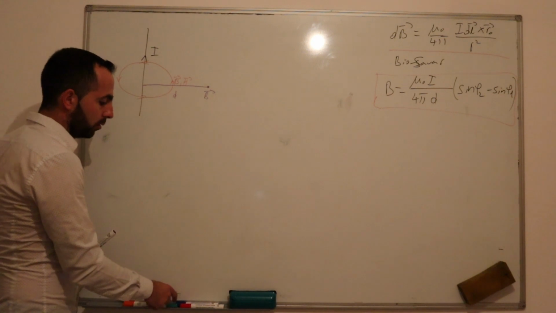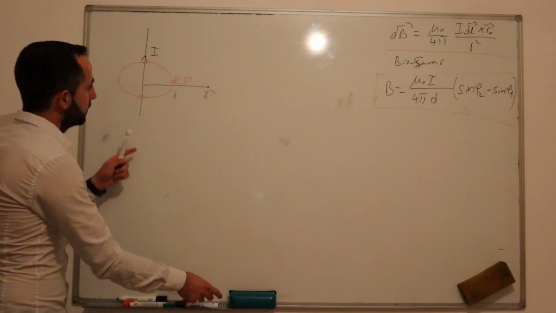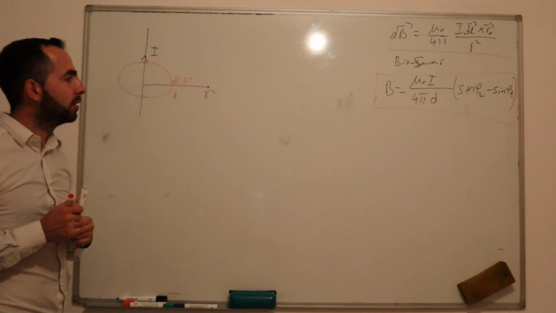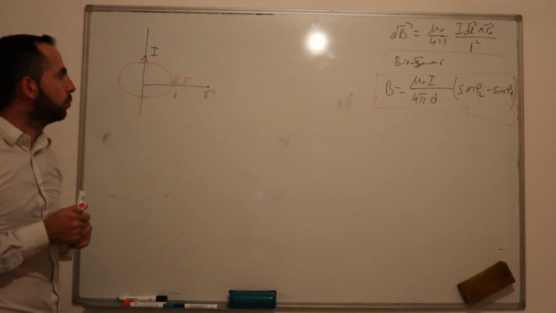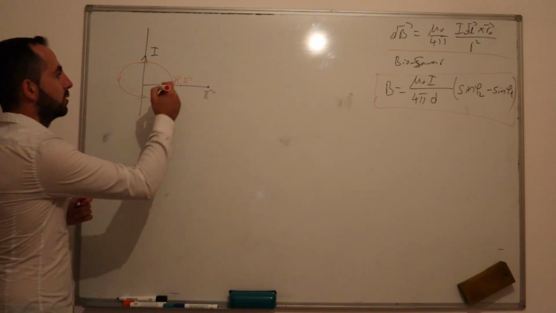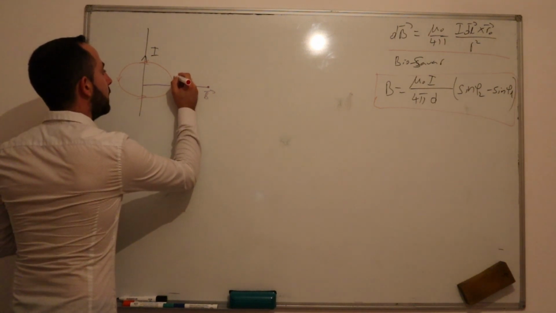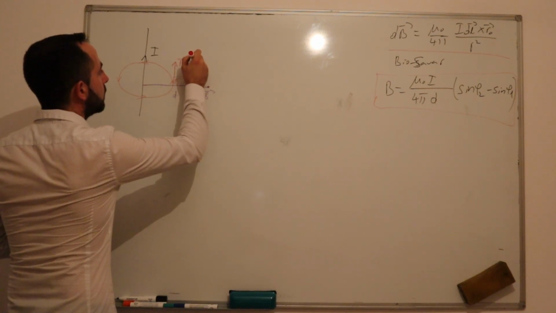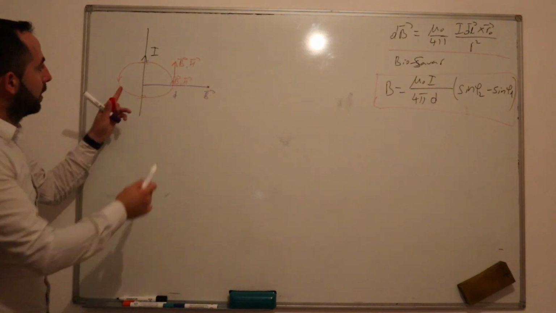We already said in the previous video, because this is a circle, if we want to determine the direction at one point, at every point the direction is a tangent to that circle.